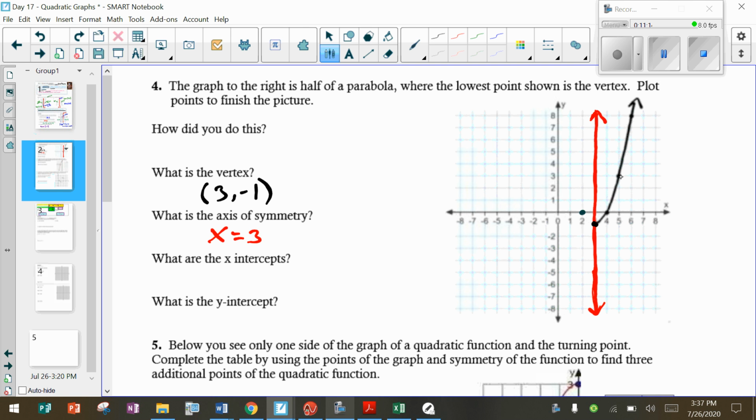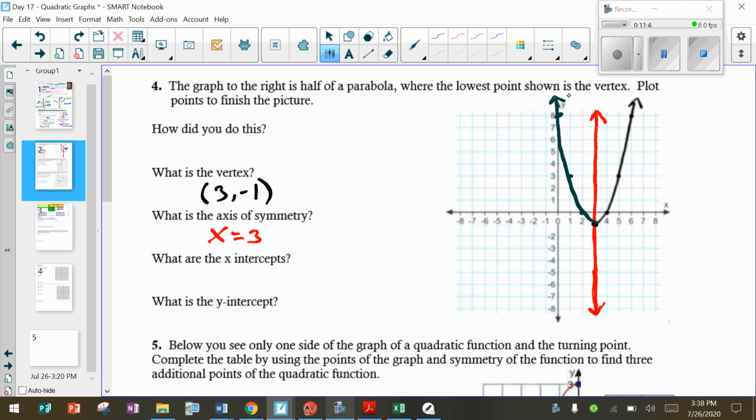Next point that I identify up here at 5, 3, I'm going to count 2 boxes to the axis of symmetry, 2 boxes continuing on to the other side. Then another point up here at 6, 8, 1, 2, 3 boxes to get me to the axis of symmetry, 1, 2, 3 boxes to the other side. And that would be the other half of my parabola. Connect the dots to make it curved, and there we go.